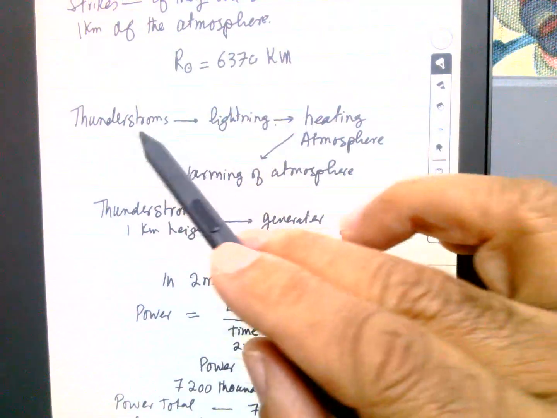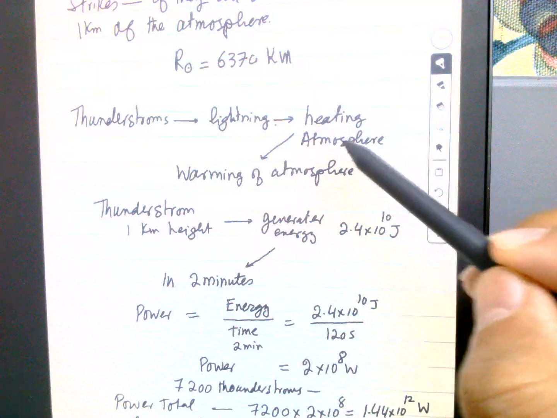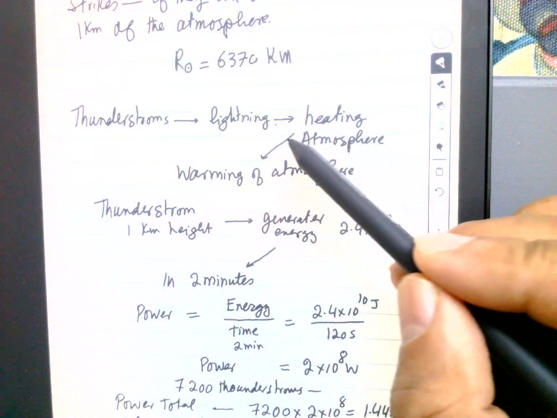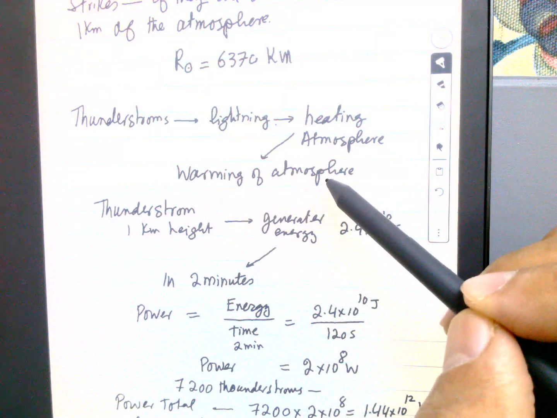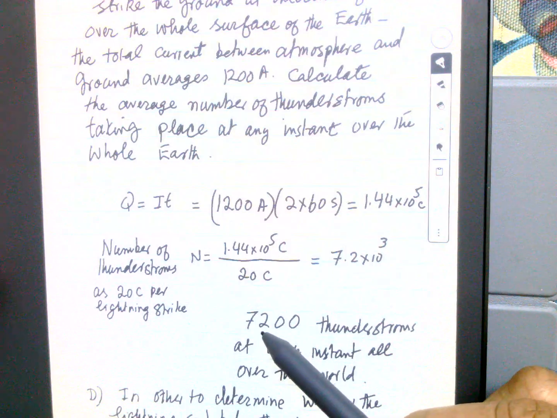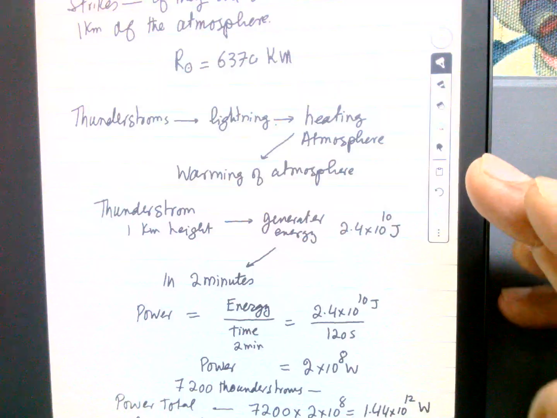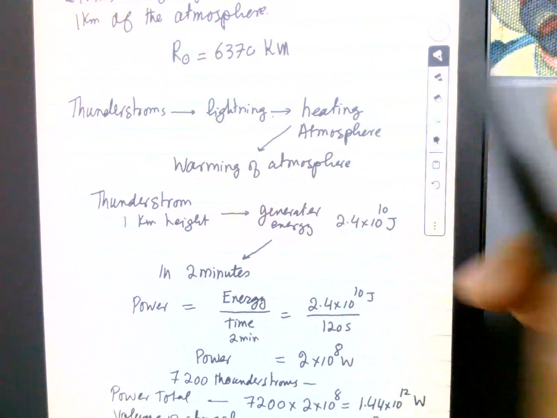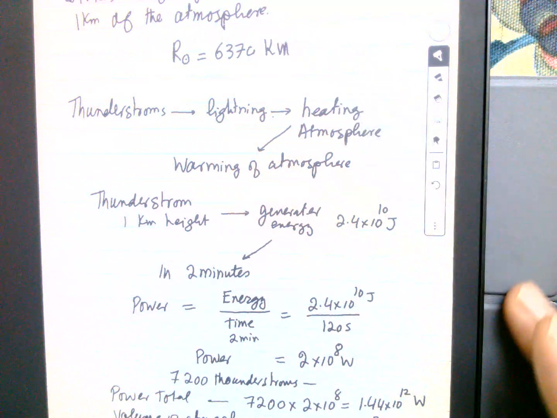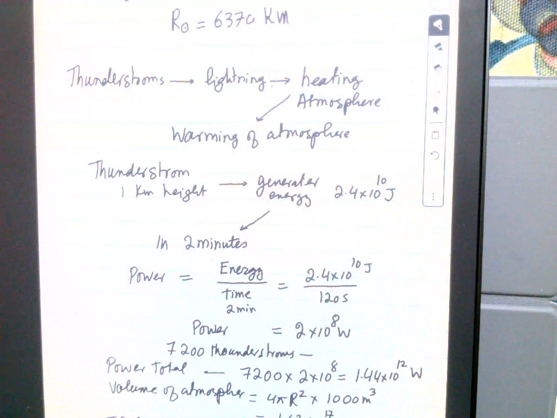Lightning is a heating of the atmosphere, because there is power and there is heating, and heating is the warming of the atmosphere. So if there are more than 7,000 thunderstorms at a given time all over the world, at 1 kilometer atmosphere height, what will be the heating of the atmosphere?